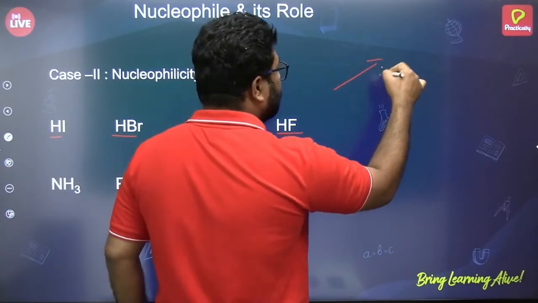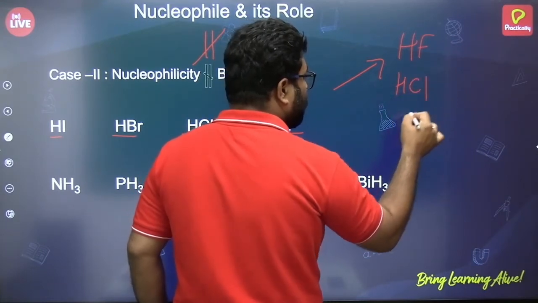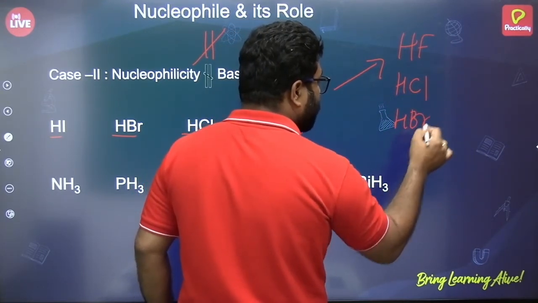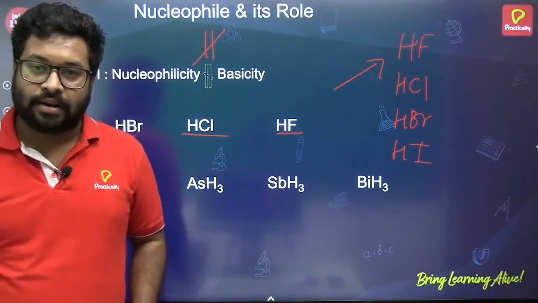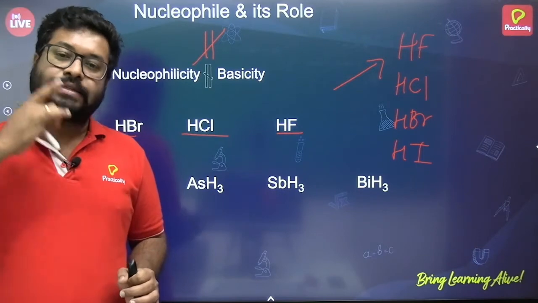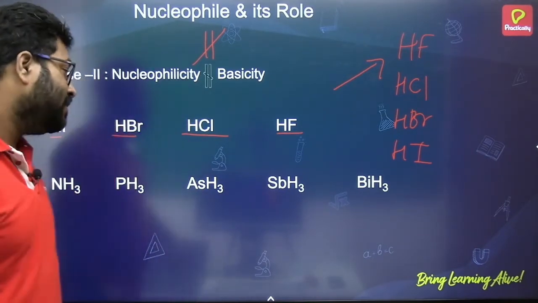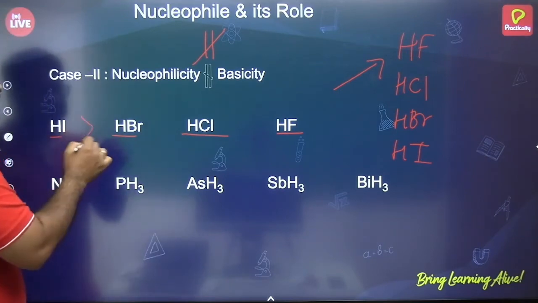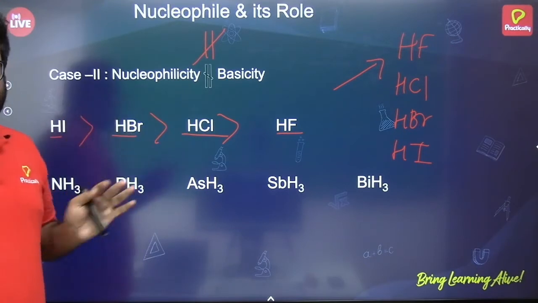All of them are present in the same group. Here, whatever order you get for basicity, the exact opposite order should be there for the nucleophiles. So we know that HI is the strongest acid, then HBr, HCl, and HF is the weakest. So that's the acidity order.